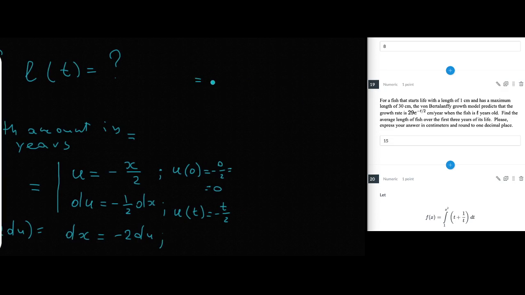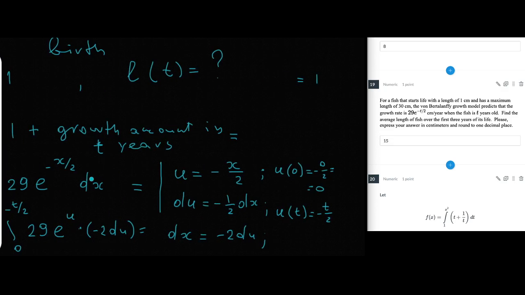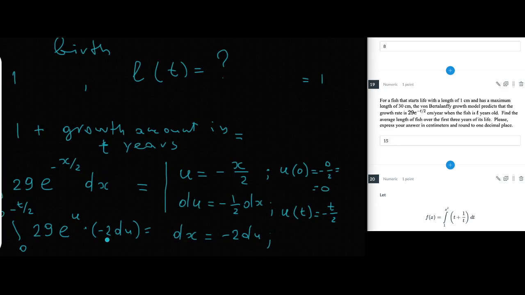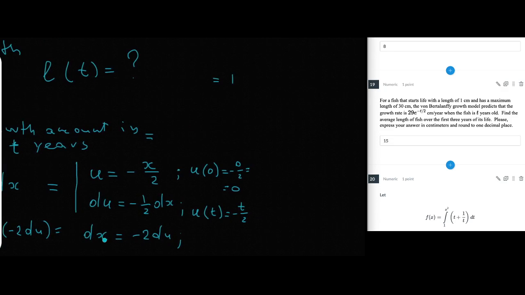So now I get 1. The constant negative 2 and 29, these factors can be pulled out of the integral. 2 times 29 is 58, so I'll have minus 58 integral from 0 to negative t/2 of e to the power u du.